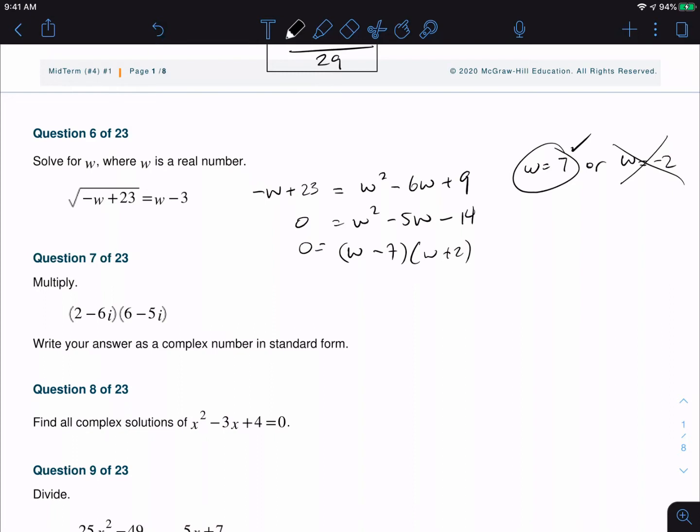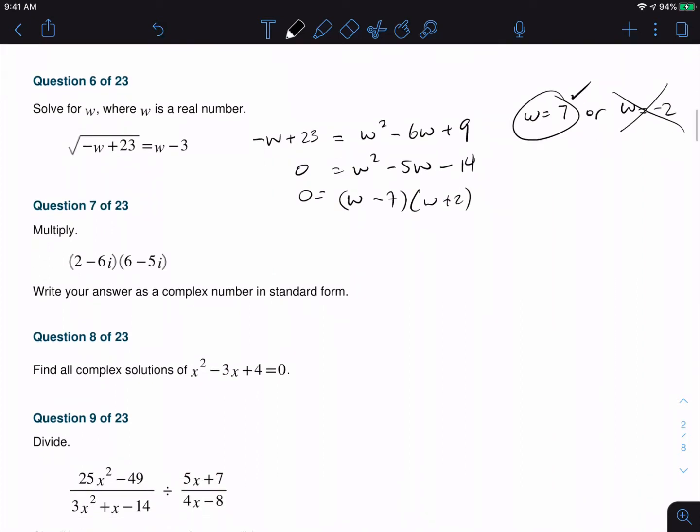Okay? All right. So number 7, standard form for complex numbers is a plus bi or a minus bi. And so when we distribute this problem out, I'm going to get 12 minus 10i minus 36i plus 30i squared.